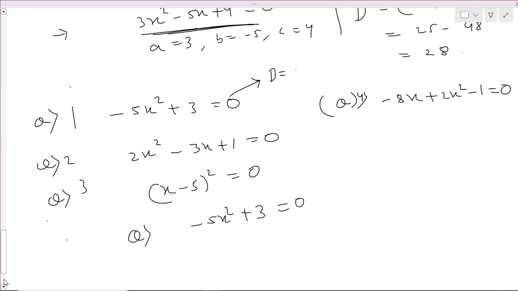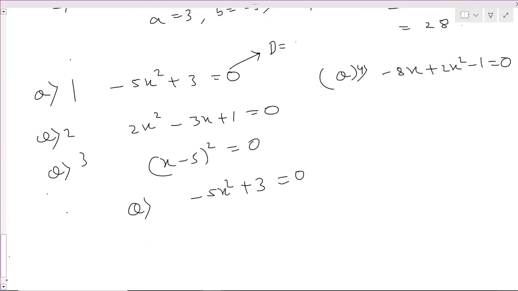If you are ever confused, one term is missing or anything, just write it in the form of the standard equation. What is the standard equation? Ax square plus bx plus c. So we can write minus 5x square, x term is missing, so 0 into x I can write, plus 3 equals 0.